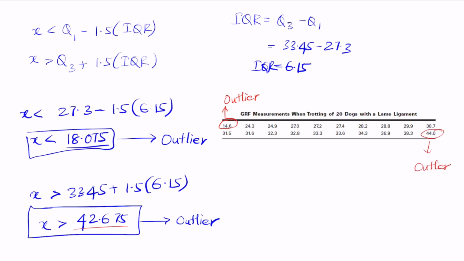So there are two outliers, 14.6 and 44.0. Finding the outliers gives you a specific understanding of how to adjust the interquartile range to as small a value as possible and as close to the original value as possible. This is how we find the actual value of the interquartile range and the outliers.